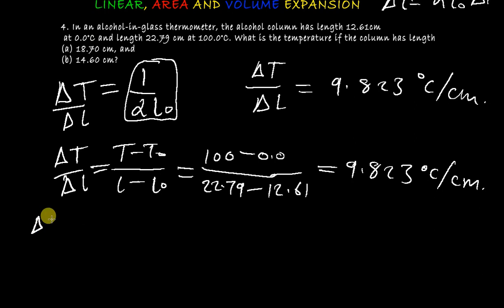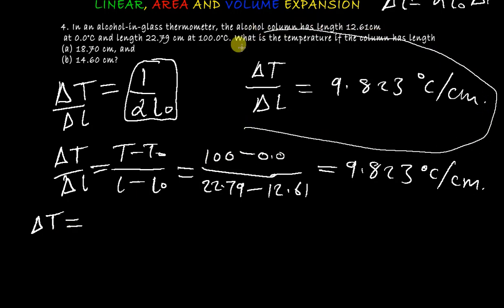So we say the change in temperature is given by T1. Okay, let me just do it this way. So instead of me repeating the same thing, let me just say the change in temperature will be equal to, because we have this as our standard, to say the ratio is equal to 9.823.